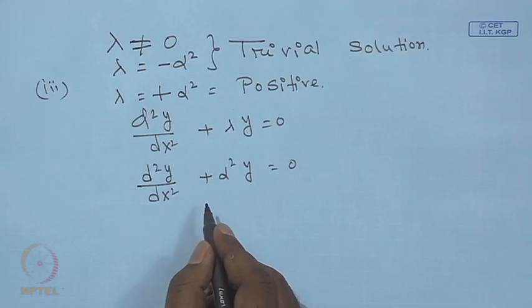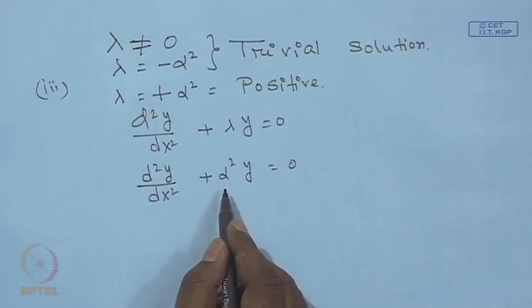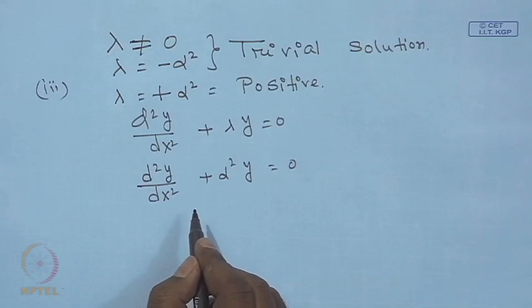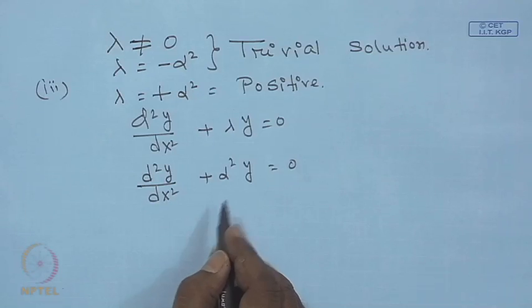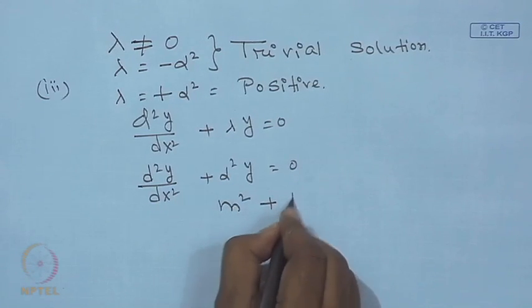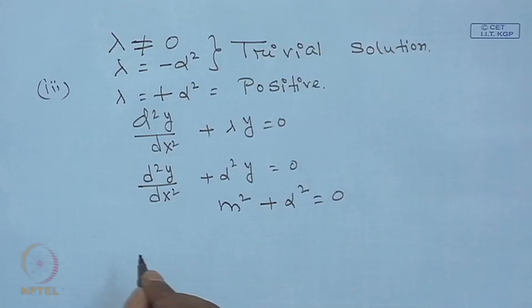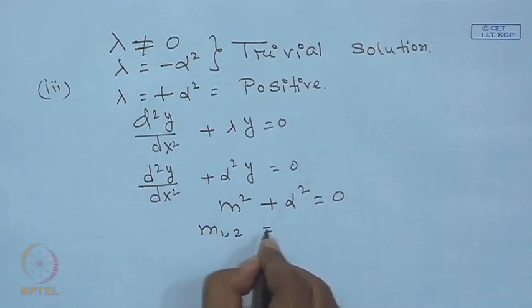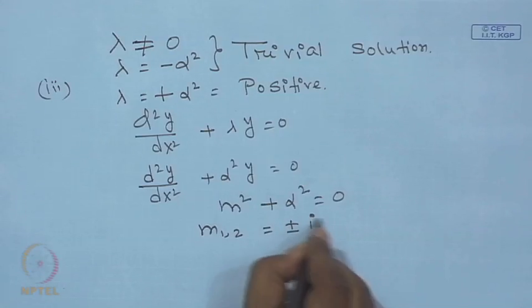So, again e to the power m x is the form of the solution, and we have already solved this equation earlier. I am not going to solve this equation once again here. If you look into the characteristic equation, it will be in the form of m square plus alpha square is equal to 0. So, you will be having two roots, m 1, 2 is nothing but plus minus i alpha.